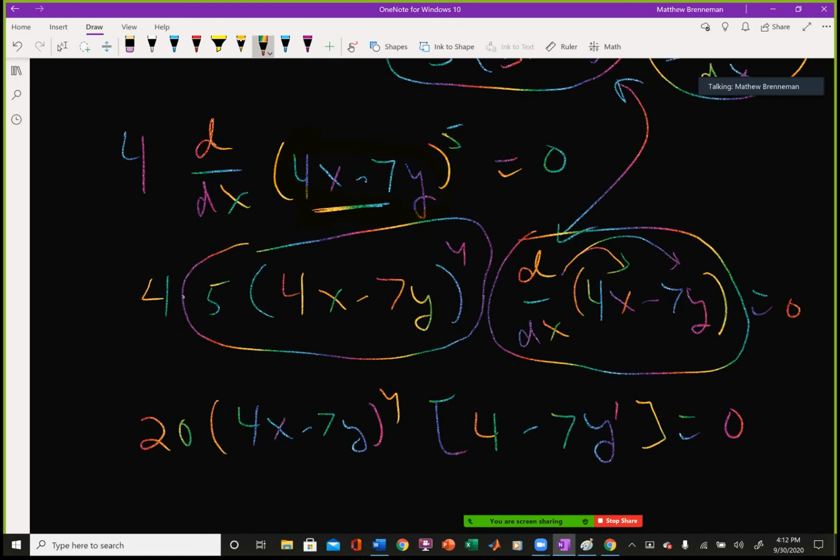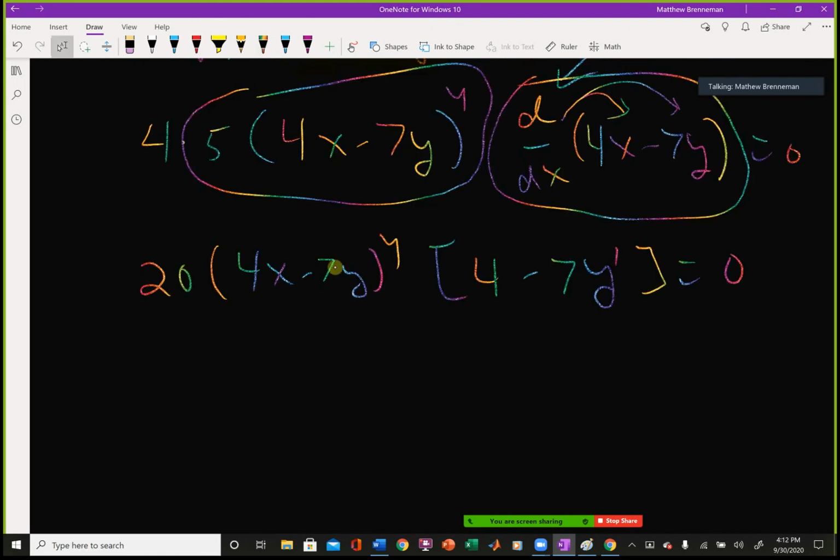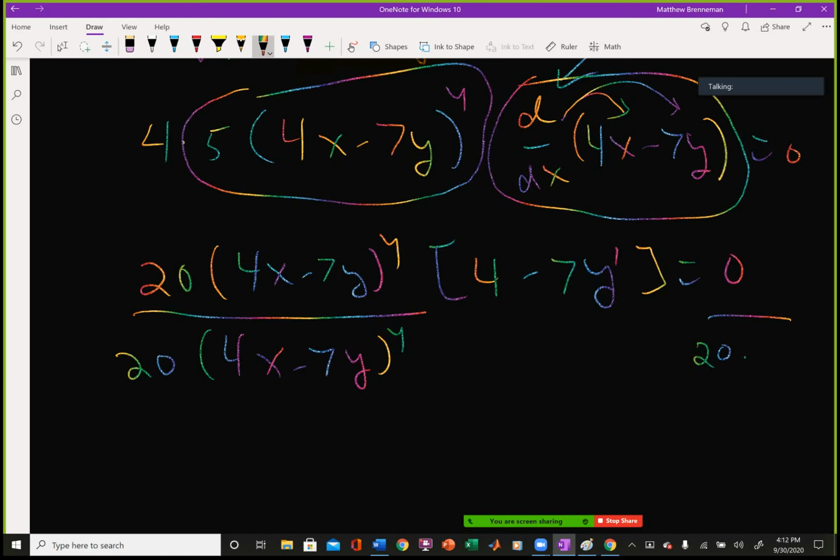And if I wanted to, I could go ahead and distribute, but I can also realize that I can get rid of this entire quantity here just by dividing both sides. Notice that there's a little caveat here. I can't divide by 0, right? So we can never have 4x minus 7y being equal to 0. That's a little caveat we have here.